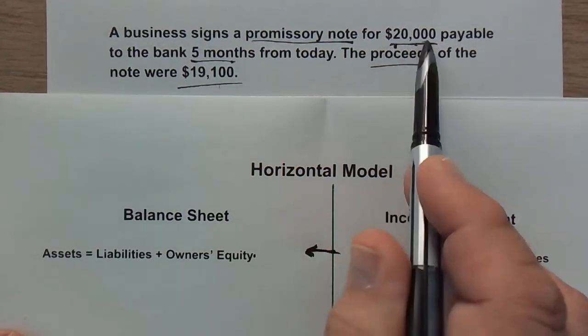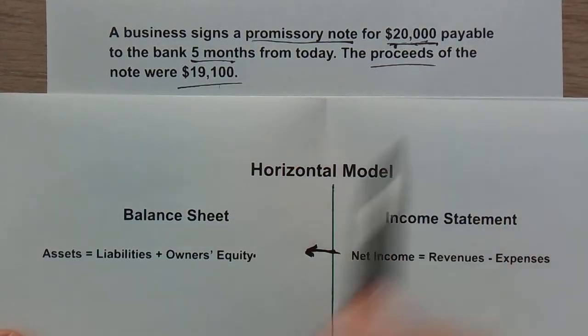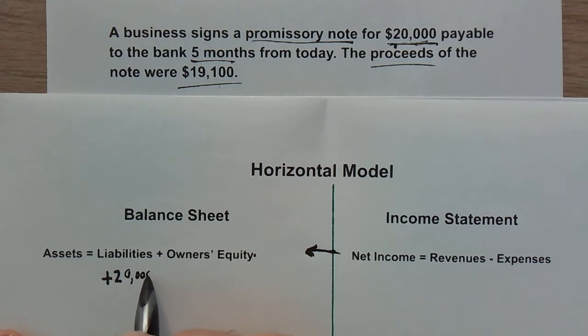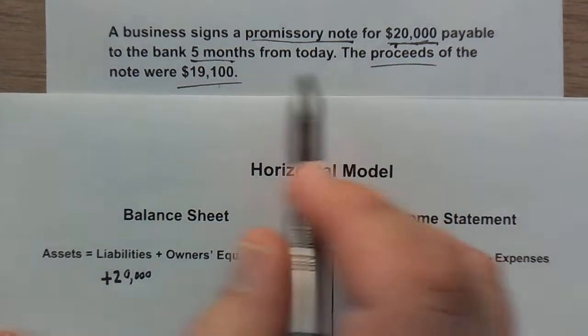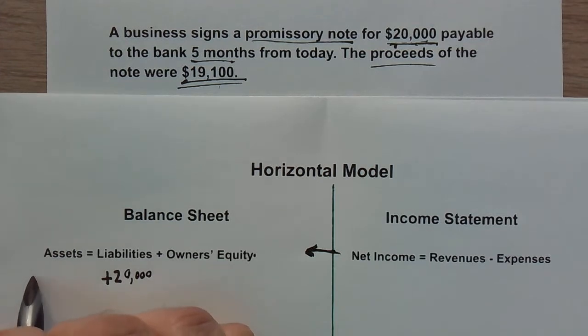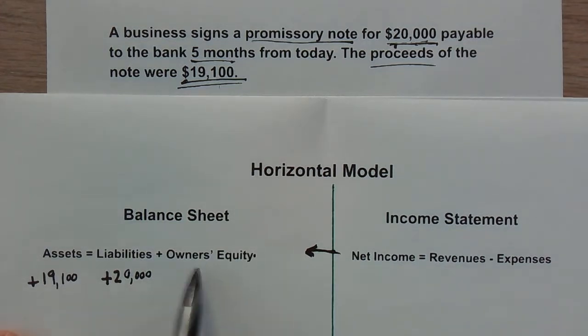So we have signed a note for $20,000. So that increases liabilities for this company by $20,000. So I'm going to put a plus 20,000 here for liabilities right under there. We receive $19,100 cash. So that increases assets by $19,100. The balance sheet must remain in balance.